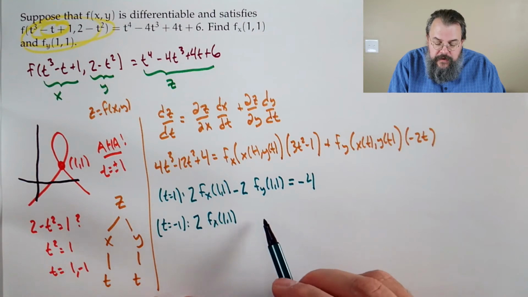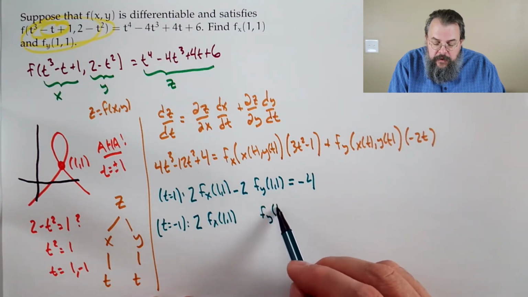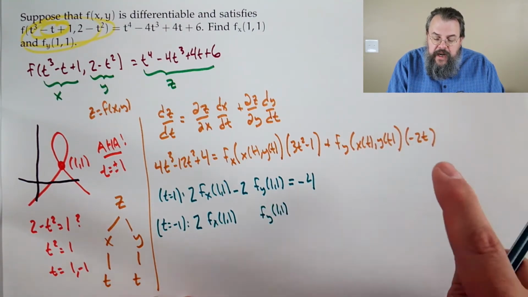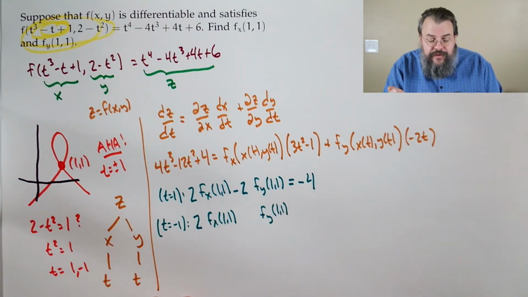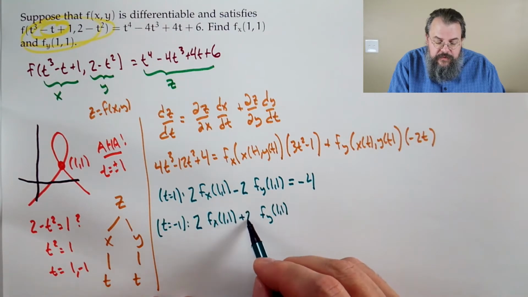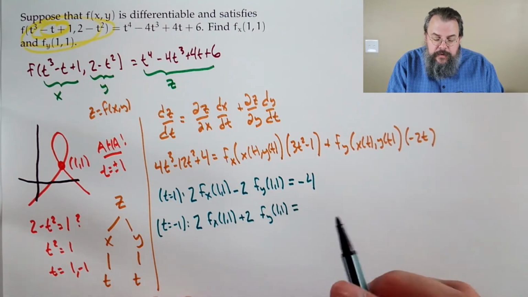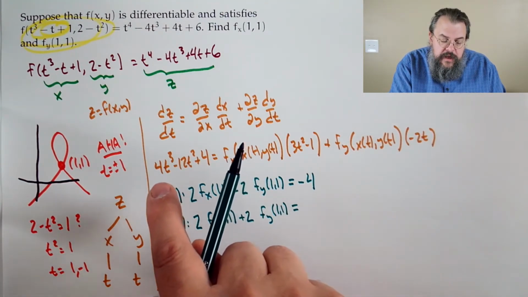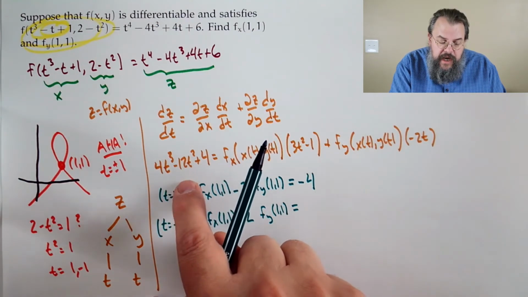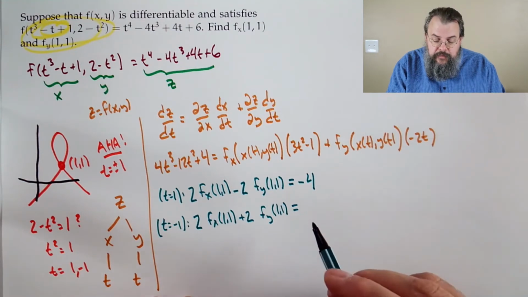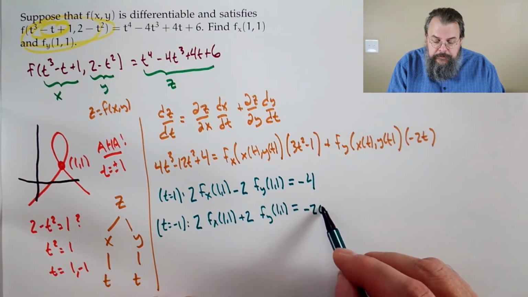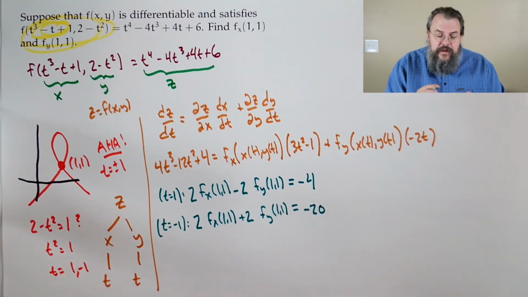We're still at 1, 1, so we'll have fy at 1, 1. Minus 2 times -1, though, is something interesting. It's now plus 2. So that's a plus 2. And that'll equal what? Well, plug in -1. So you get -4, -12, -4. That makes -20. All right. Great. Wonderful. Good stuff.